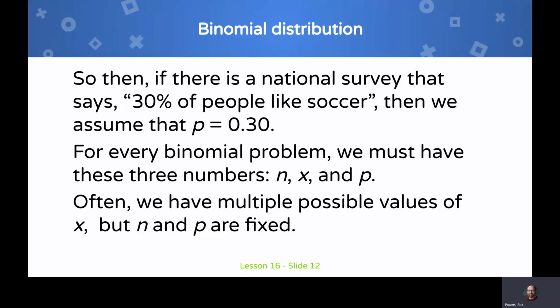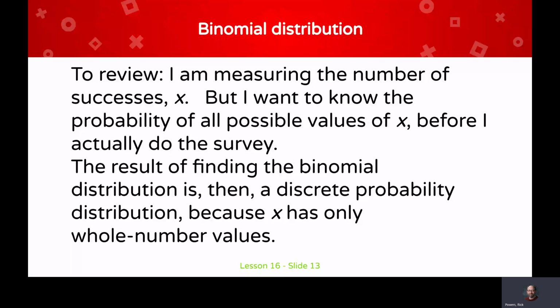Often we have multiple possible values of X, but N and P are fixed. To review, I am measuring the number of successes, X, but I want to know the probability of all possible values of X before I actually do the survey.